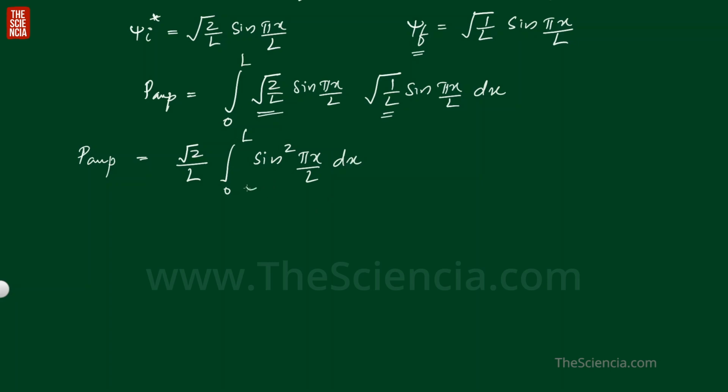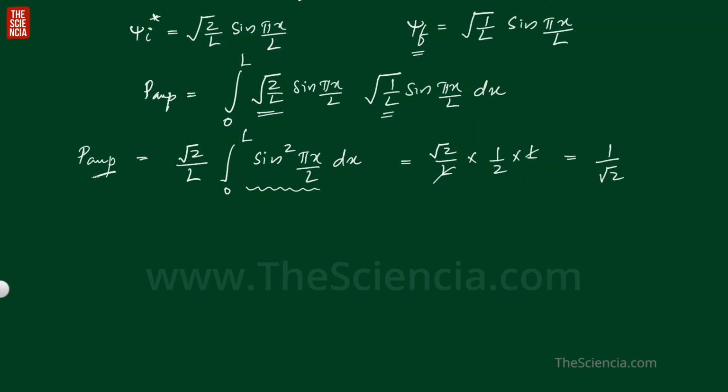We already discussed the value of the integral of sin square x over a full or a half period. So what do we get? Use the trick. We get root 2 by L into 1 by 2 into the limit, that is L. So the L's cancel and the remaining value is 1 by root 2.